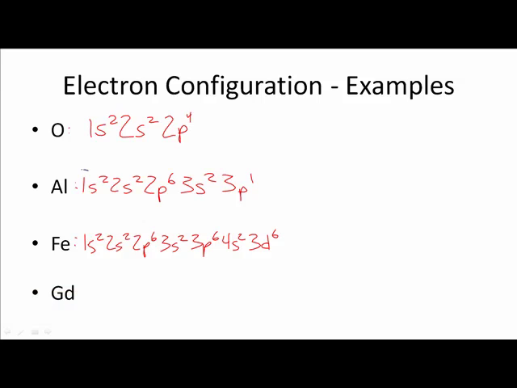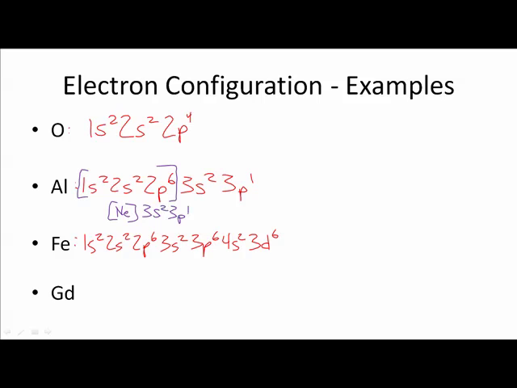So I can take the electron configuration of neon, which is 1s2, 2s2, 2p6, and just abbreviate that as Ne, and then 3s2, 3p1. Just saves me a whole lot of writing.